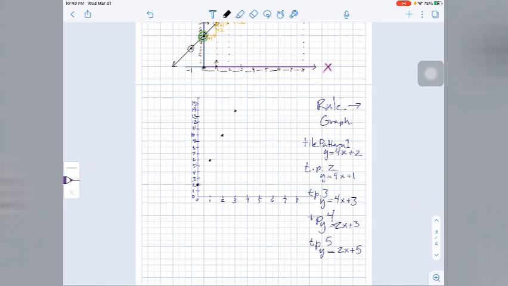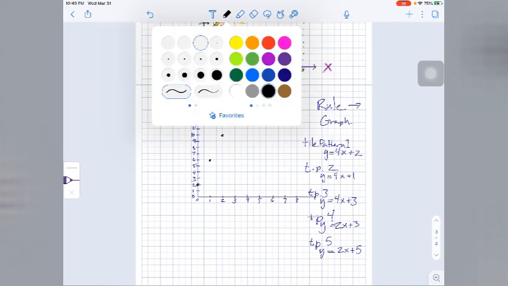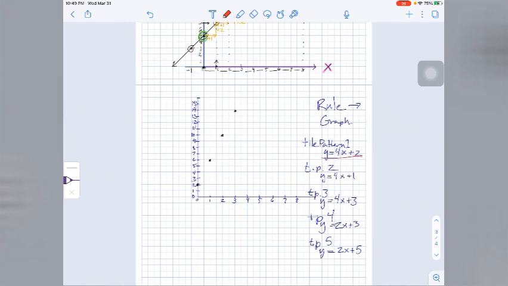So we can see that 3 lines up with 14, right? And that 2 lines up with 10. We can see that, right? So that's how we plotted these points. So that is my first one, and I am going to pick a color for this.